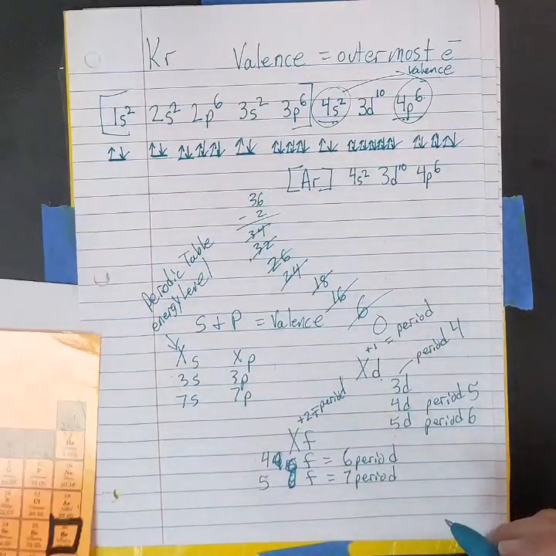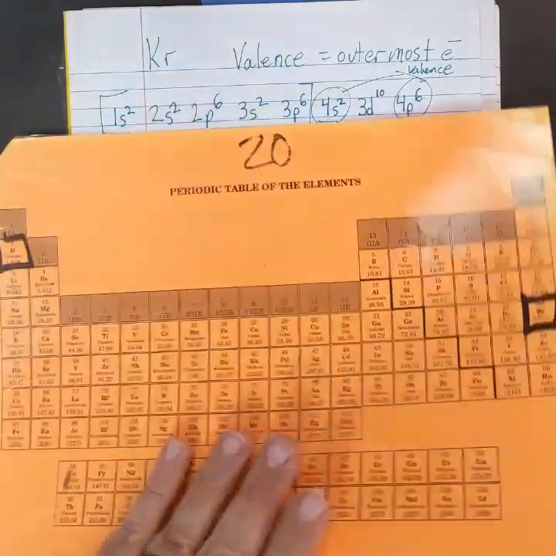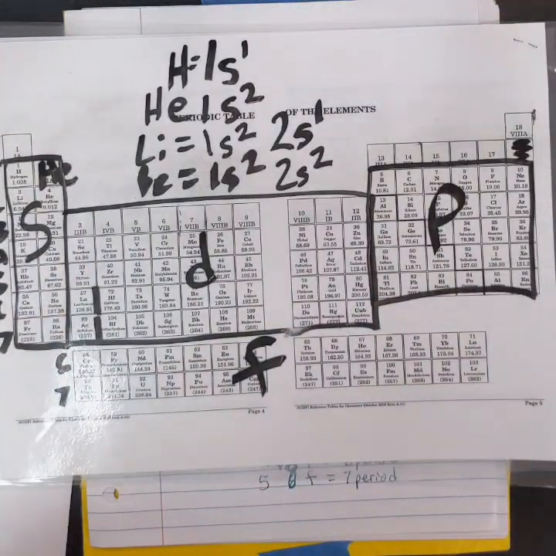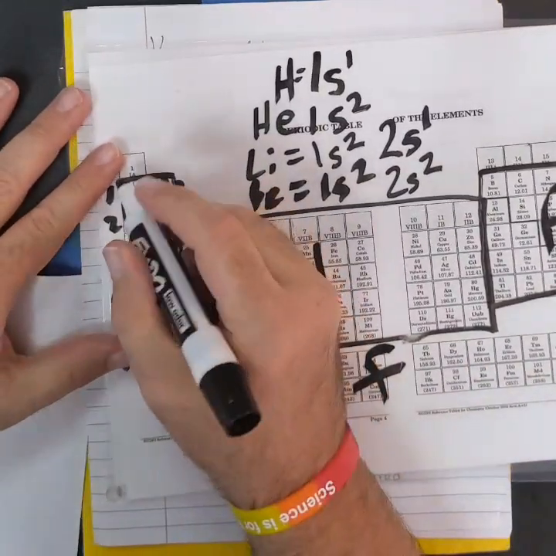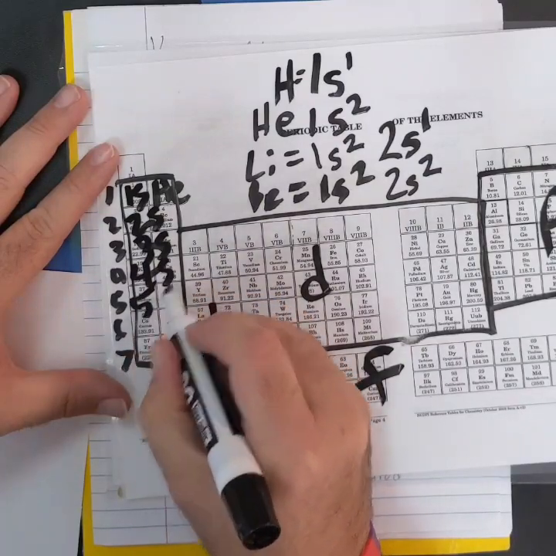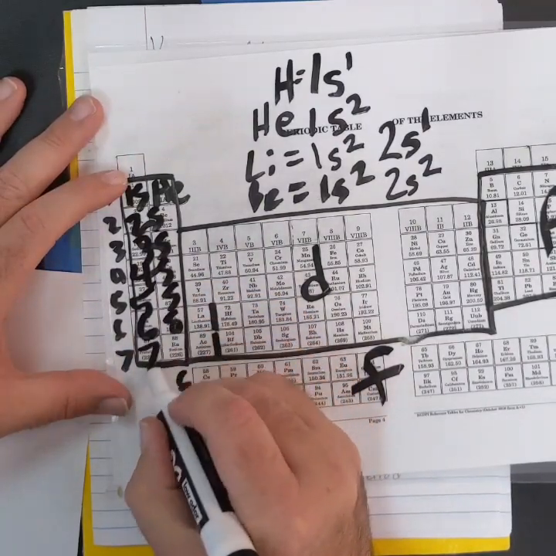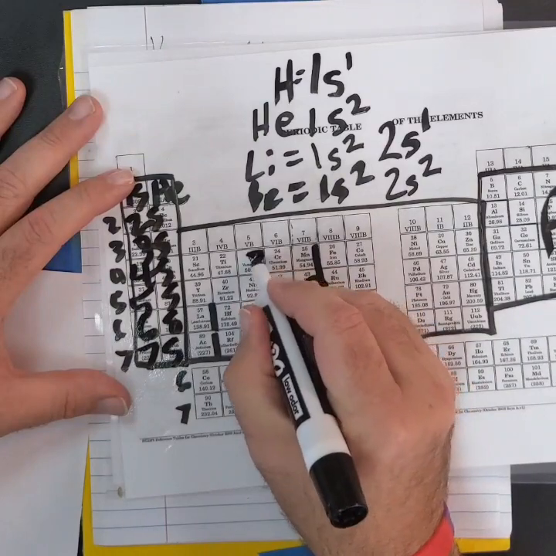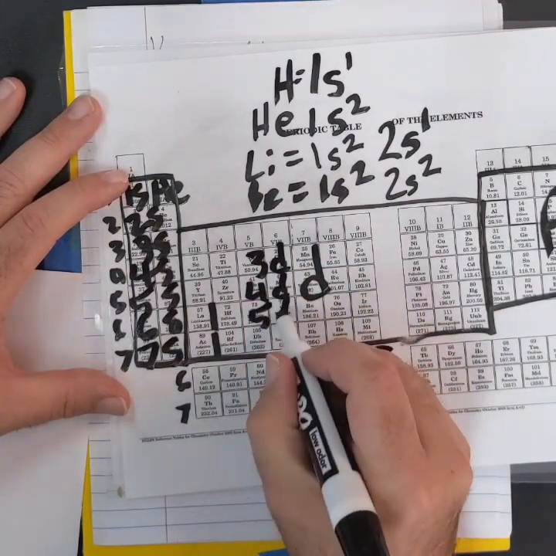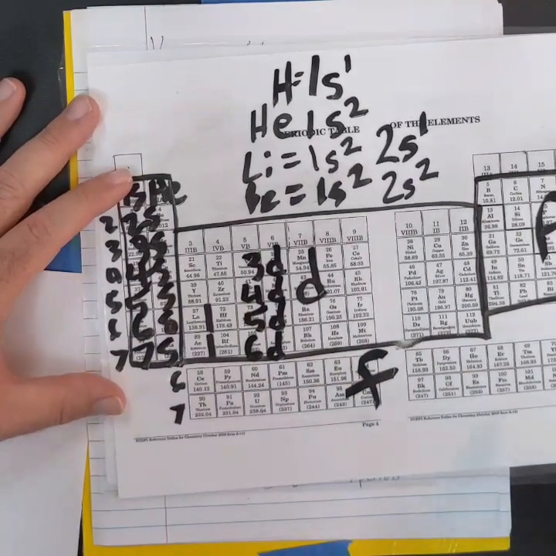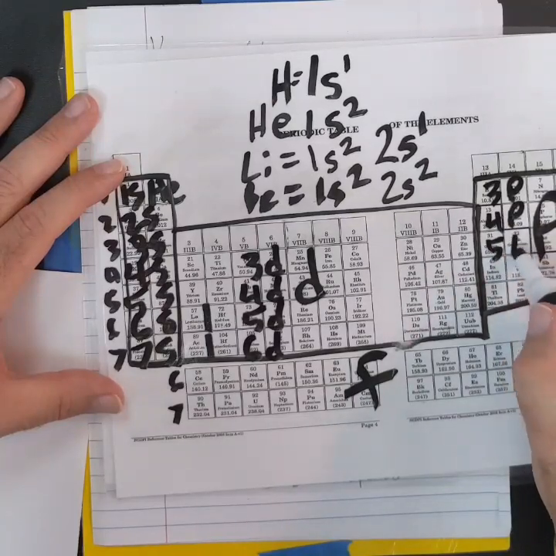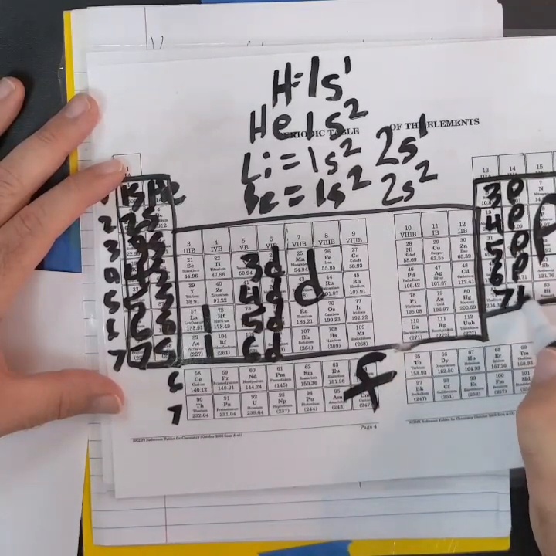Okay? So, in conclusion, you've got 1s, 2s, 3s, 4s, 5s, 6s, 7s. Then you have 3d, 4d, 5d, 6d. You have 3p, 4p, 5p, 6p, 7p.